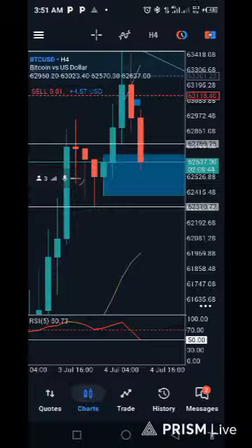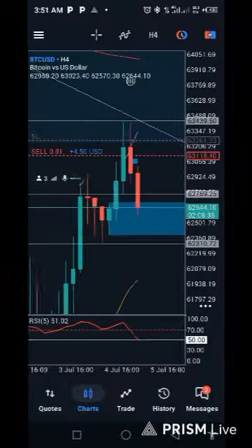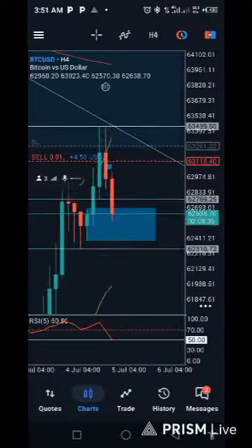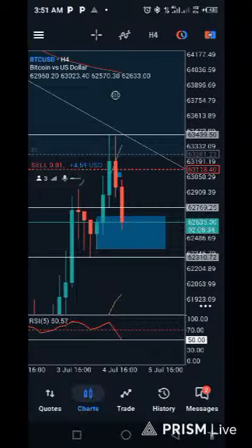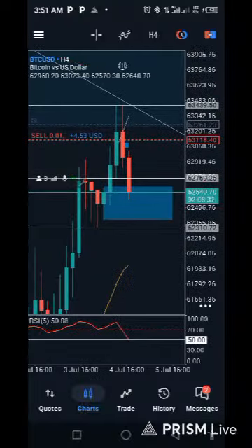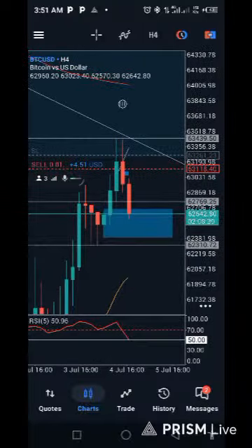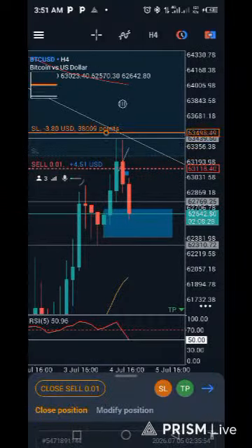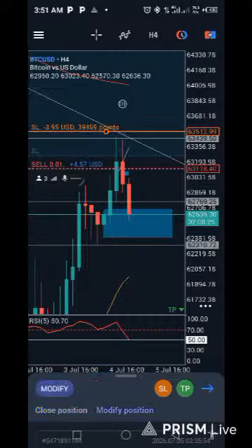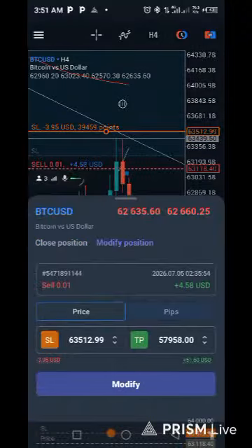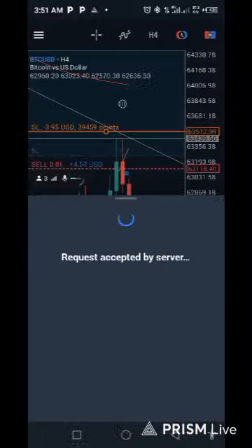So we are seeing this trade now moving this way. Like I said, if you know you're going to sleep, you can put your stop loss above this double top. You can put it there and go to bed.